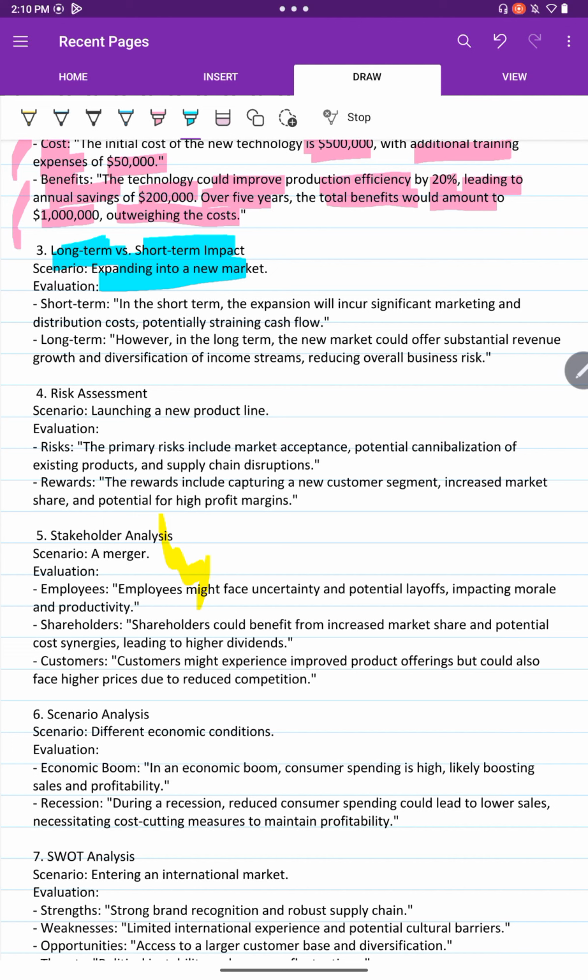So if we expand into a new market, what would be its short-term impacts? In the short term, the expansion will incur significant marketing and distribution cost, potentially straining the cash flow. So if you have a very juicy case study with a lot of numbers related to the cash flow forecast, you can use it.